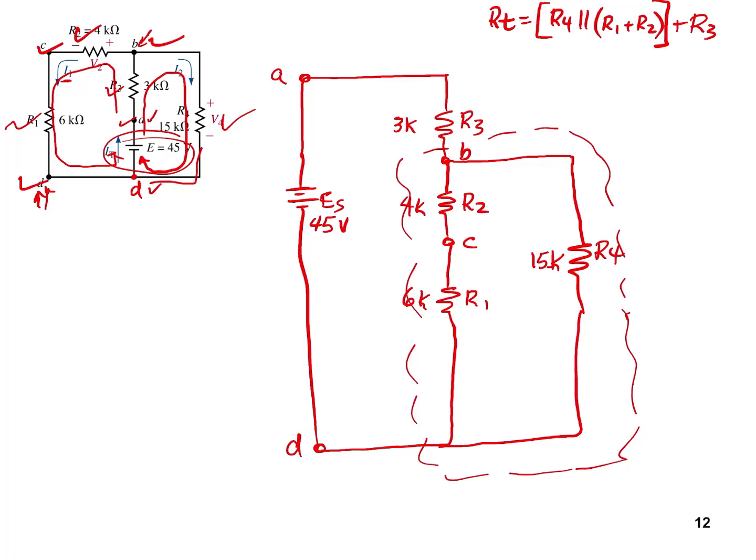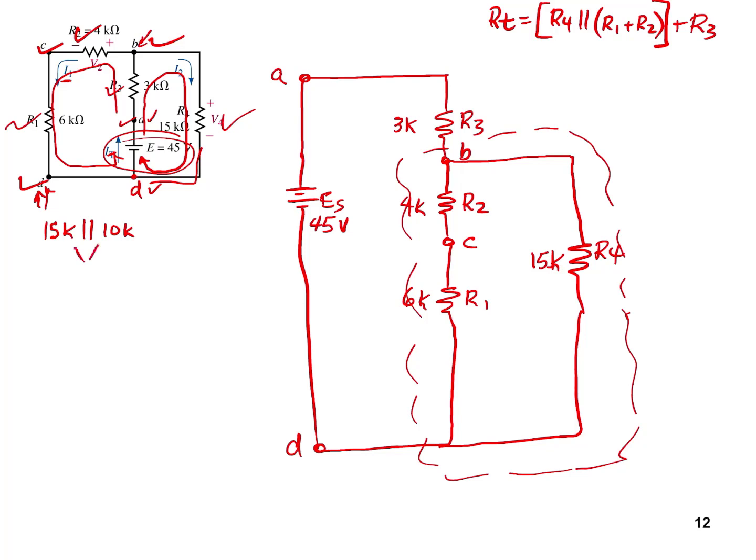Okay, so let's go about determining the total opposition here then. We're just plugging the values in. R4 was 15k. That's in parallel with R1 plus R2, which is 6 plus 4, so that's 10k.